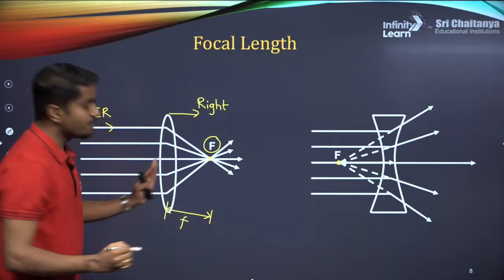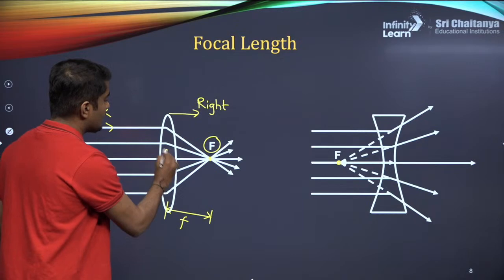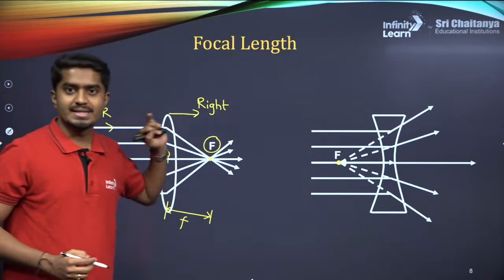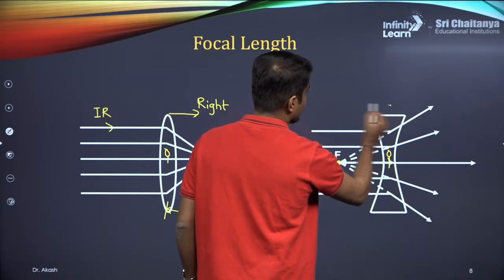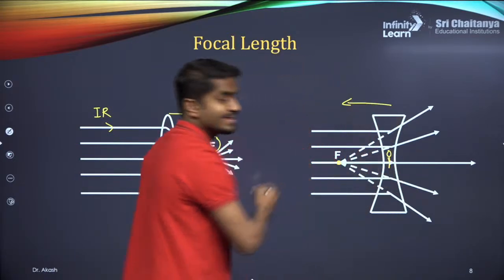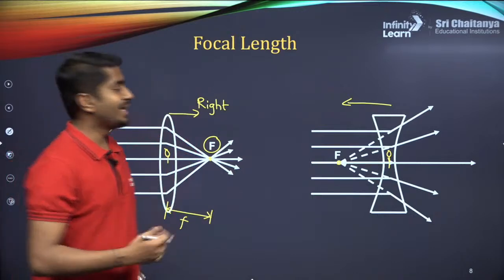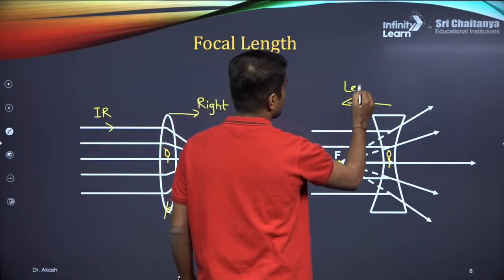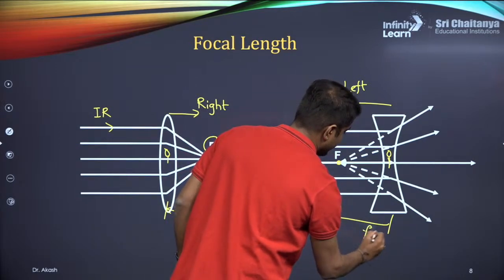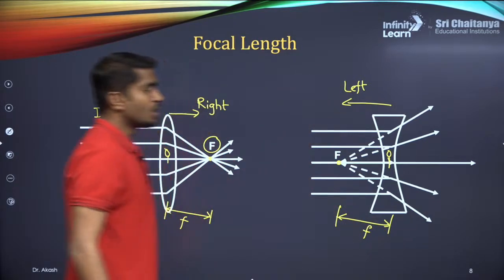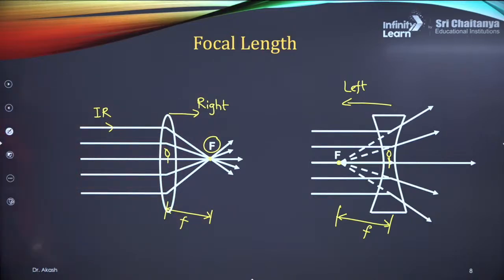So focal length is measured on the right side of the optical center, but when we have a concave lens, there is an optical center, the focal length is measured on the left. So this is measured on the left, this would be the focal length for the concave lens. Clear?